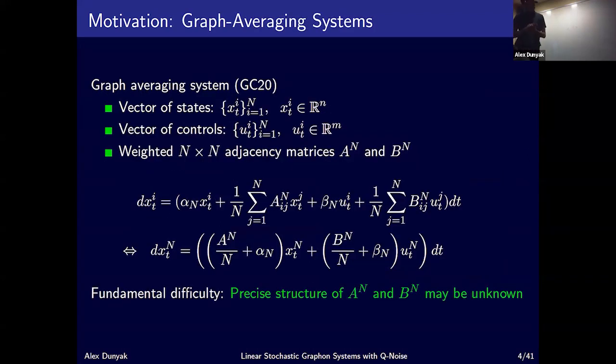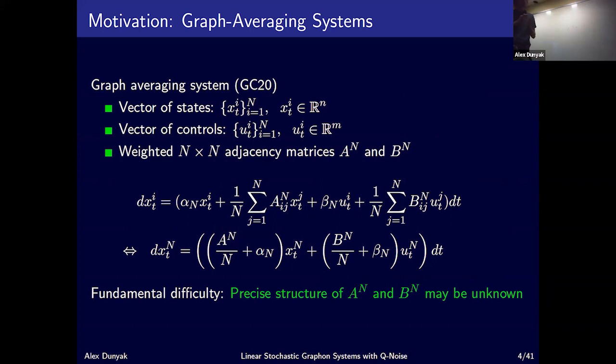So the type of system that we're mostly going to be working with are what we call graph averaging systems, introduced by Gao and Peter Caines a few years ago. So the idea is that you have a vector of states where each node has a local state.